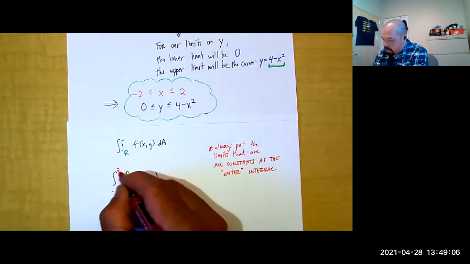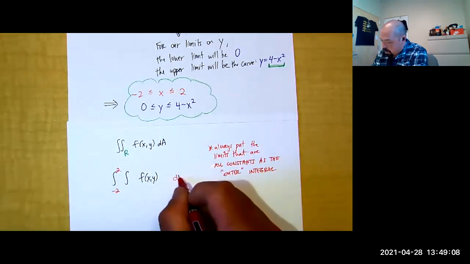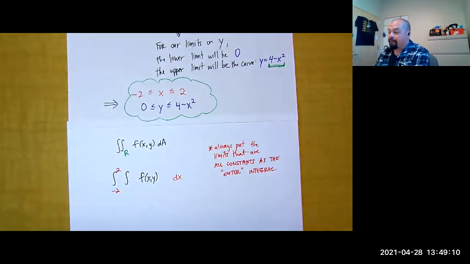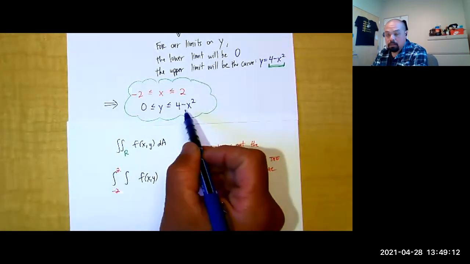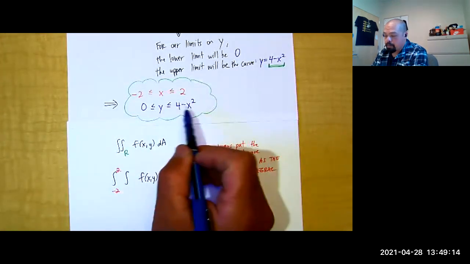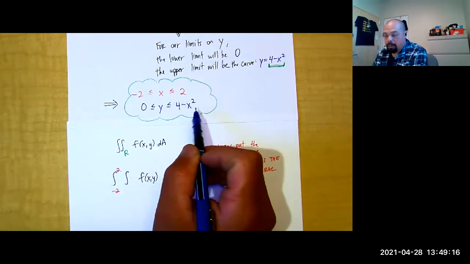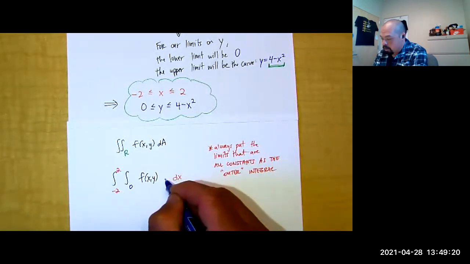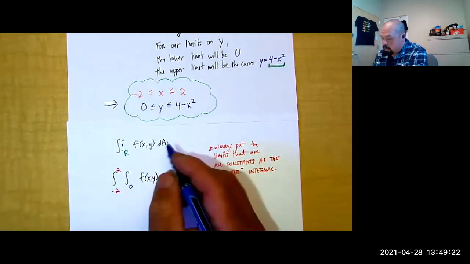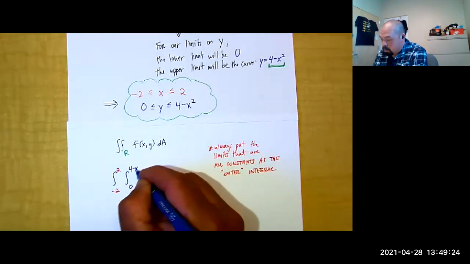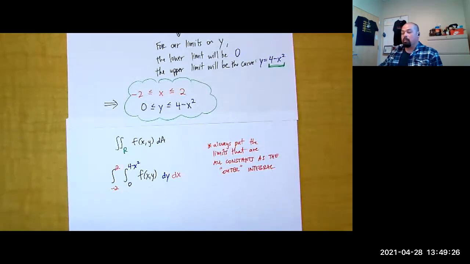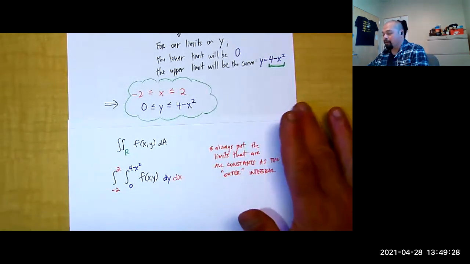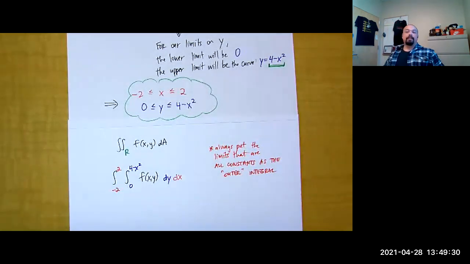So -2 to 2 was our dx. The limit of integration involving a variable goes on the inner integral. Because once we compute, we want to make sure we get a numerical final answer. We don't want any variables in the final answer.